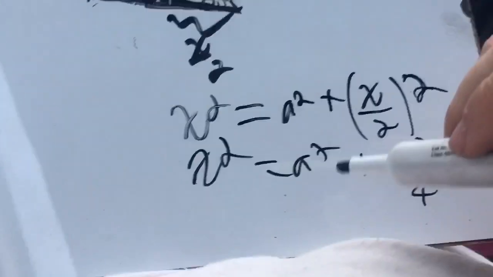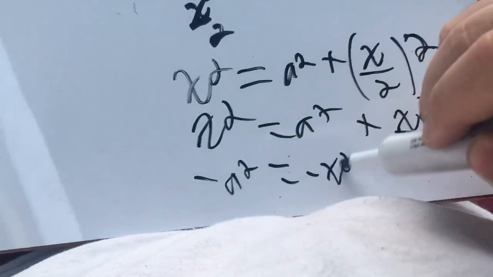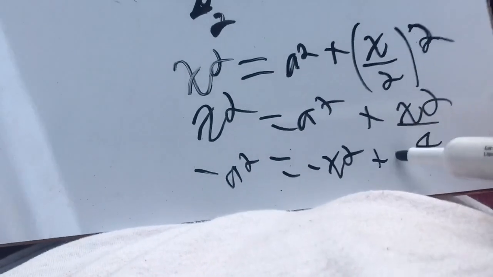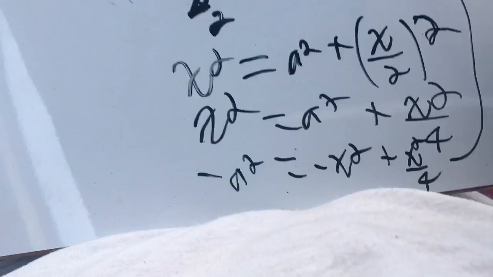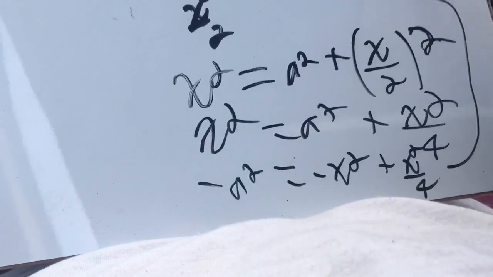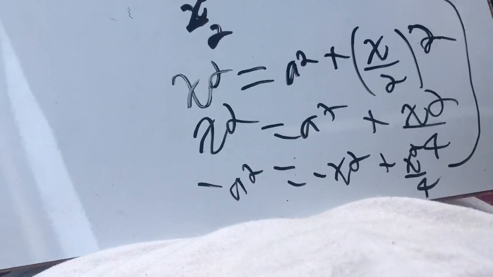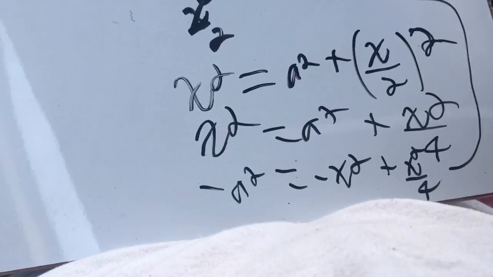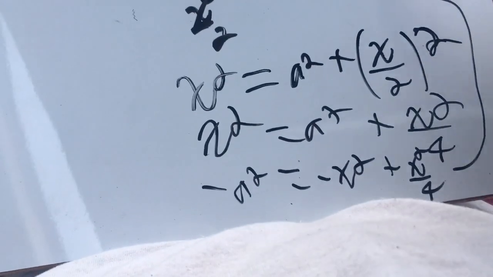Let's rearrange this a little bit. Negative a squared is equal to negative x squared plus x squared over 4. Let's bring this over here. Negative a squared is equal to negative 4x squared over 4 plus x squared divided by 4.